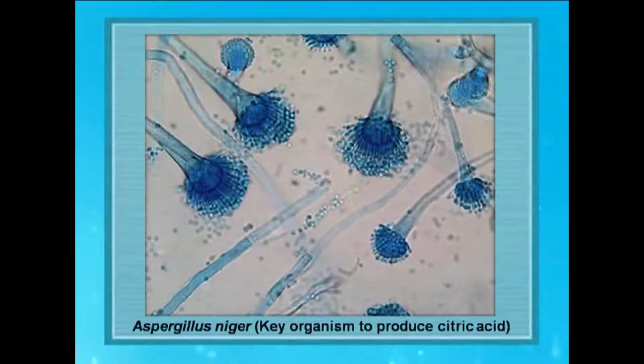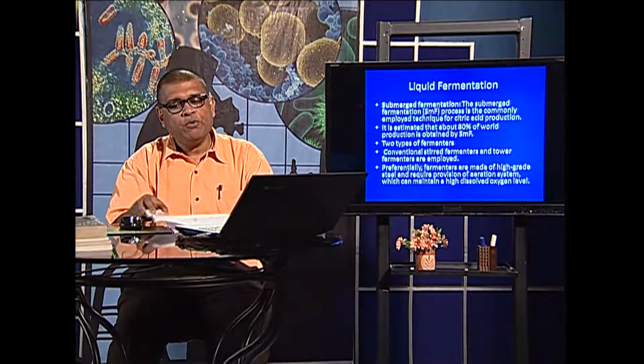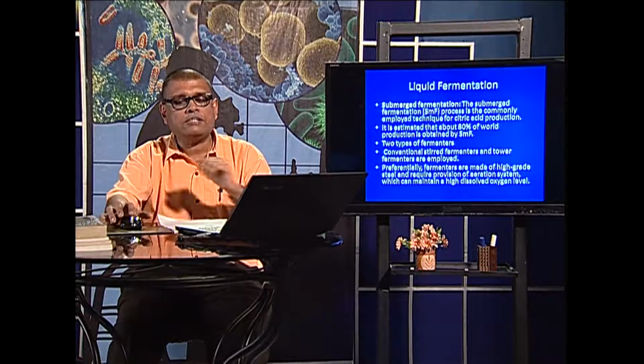And this is the key organism, Aspergillus niger, which is the common mold that can produce citric acid by fermentation. Now there may be different types of fermentation process, which is also very important to understand.